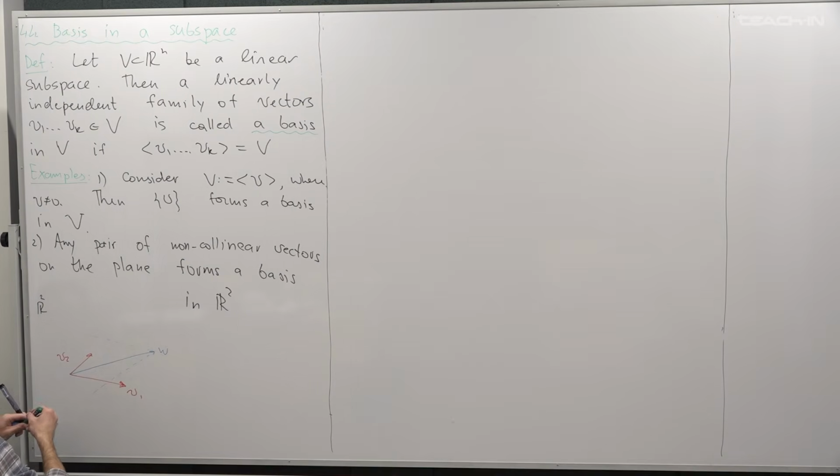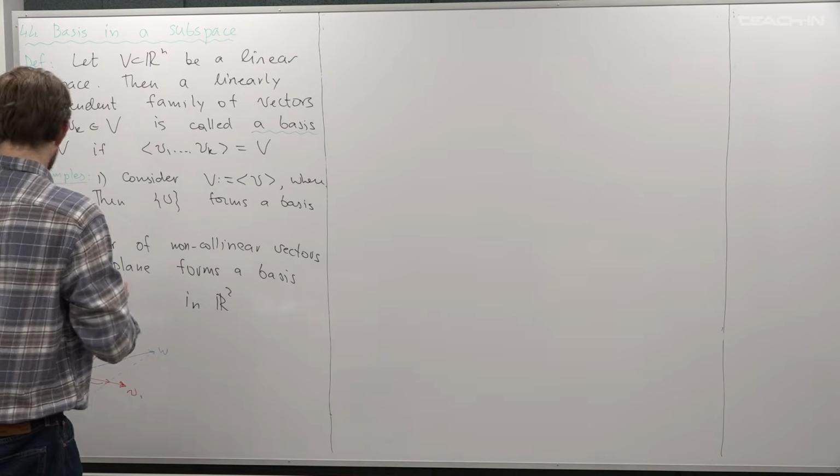And so we can represent vector w as a vector that is parallel to v2 plus a vector that is parallel to v1. So this would be alpha 1 times v1, and this would be alpha 2 times v2. So every vector can be represented in this form. So every pair of non-collinear vectors on the plane forms a basis in R2.